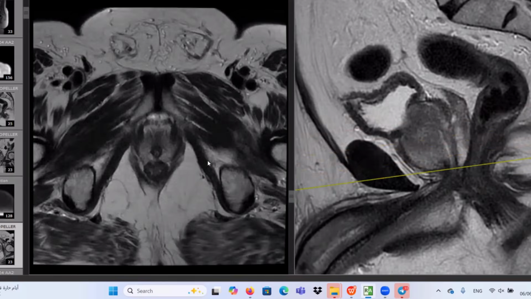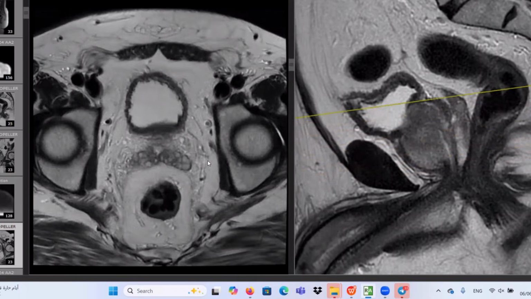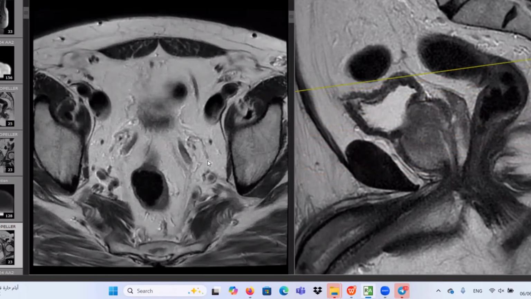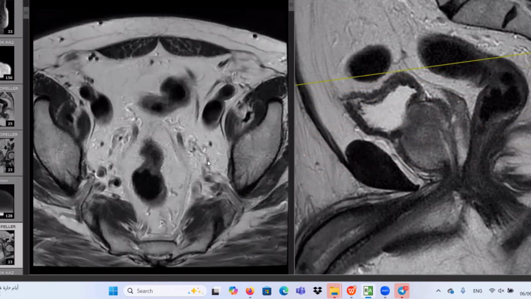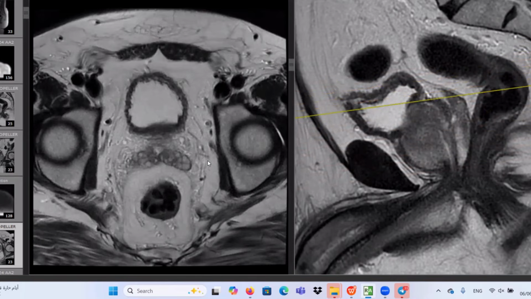We have also some important anatomical structures. We have posteriorly the rectum, and this is the mesorectal fascia, and this is the pararectal space.